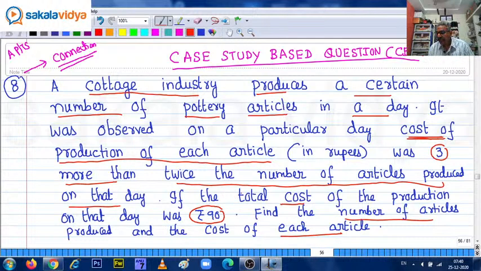So we get a quadratic equation. By solving the quadratic equation, we get the X value. X stands for the number of articles, and the cost is 2X plus 3, so substituting, we can find the cost of each article. It's very simple. The question seems rather lengthy, but problem solving is very simple.